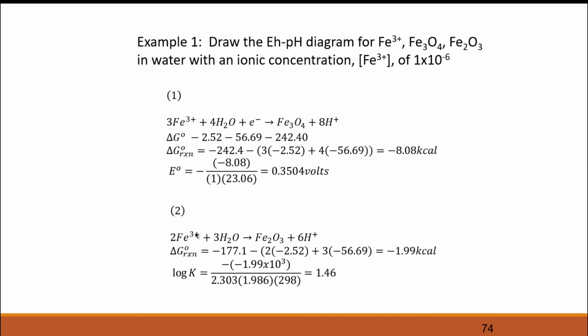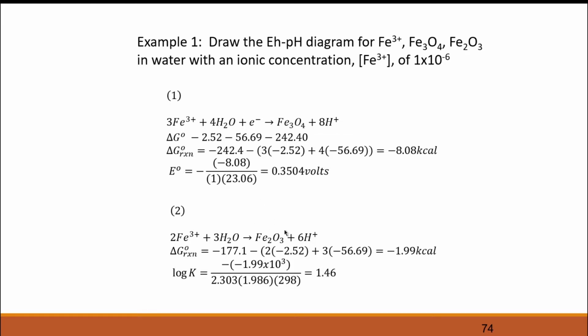Okay, so the next one is your equation number 2, wherein you have Fe3 plus yielding Fe2O3, no? And we've noted earlier na walang reduction dito, kasi walang change in charge, and wala tayong electron na involved, no?